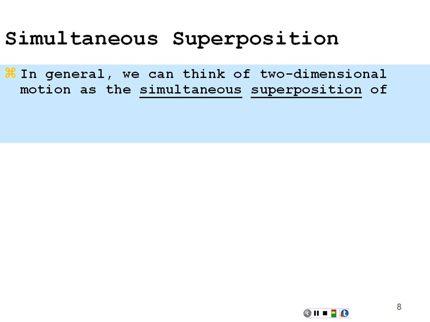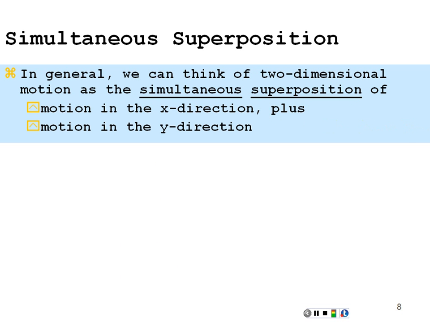We're going to look at projectile motion, and we're going to think of projectile motion in particular as two-dimensional motion and the simultaneous superposition of two individual motions, motion in the x direction plus motion in the y direction.